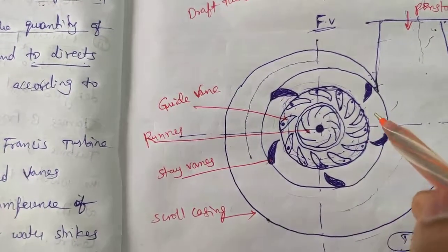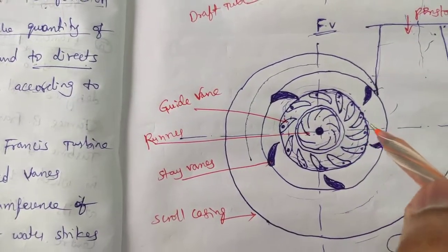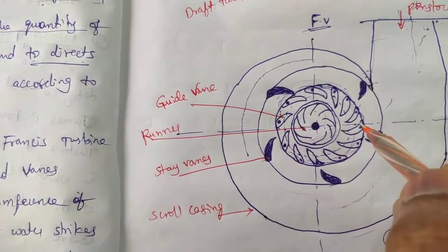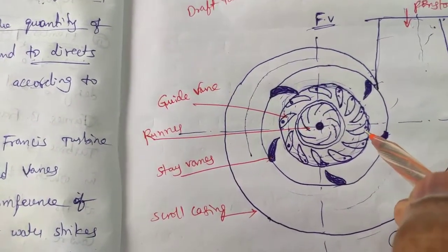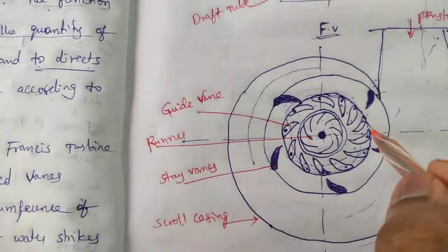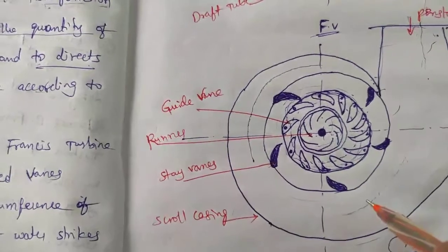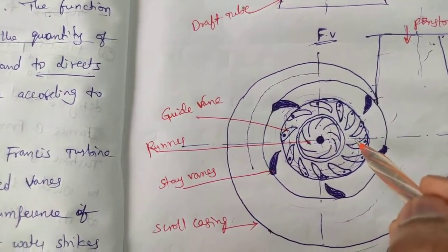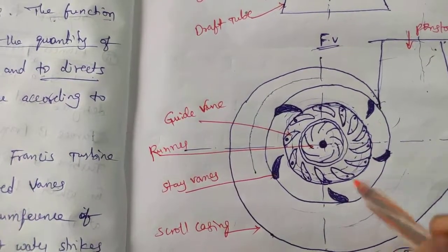The main function of these guide vanes is two things. One is to regulate the quantity of water, and another is to direct the water to the runner. We can set a particular angle according to the design of the turbine.